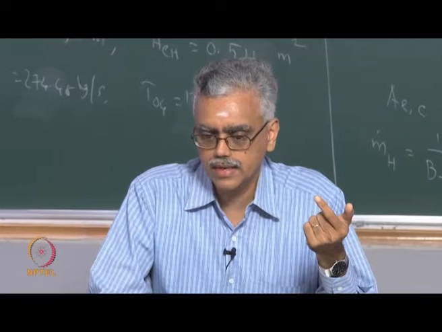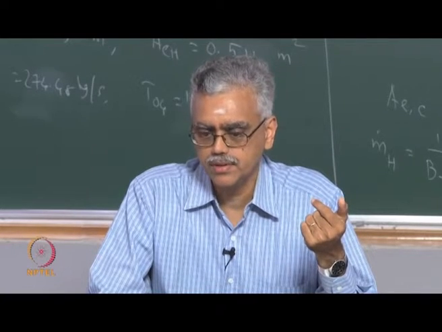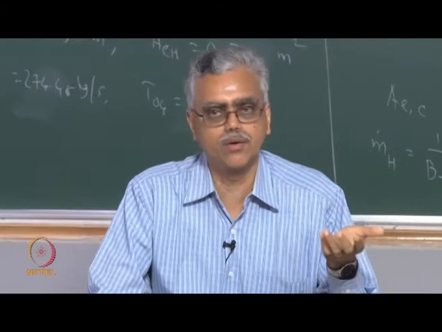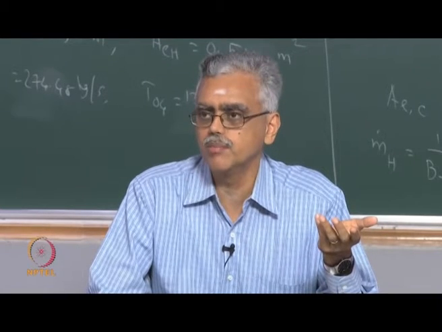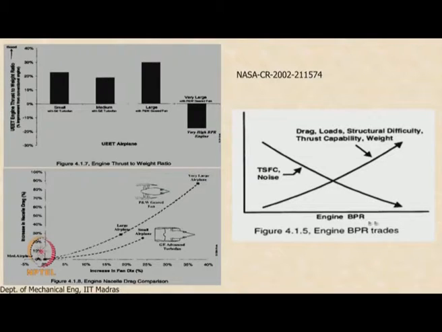And this slide summarizes very nicely the various trade-offs when you increase the bypass ratio. As I increase the bypass ratio from left to right, you can see that the thrust specific fuel consumption reduces, noise also reduces. However, the nacelle drag continues to increase, weight increases, and the structural difficulty, meaning integration of the engine with the airframe, becomes more difficult.